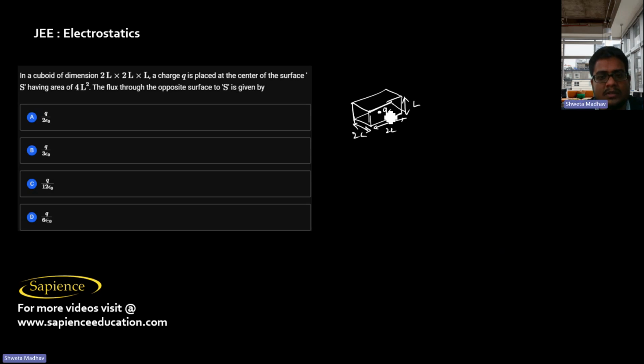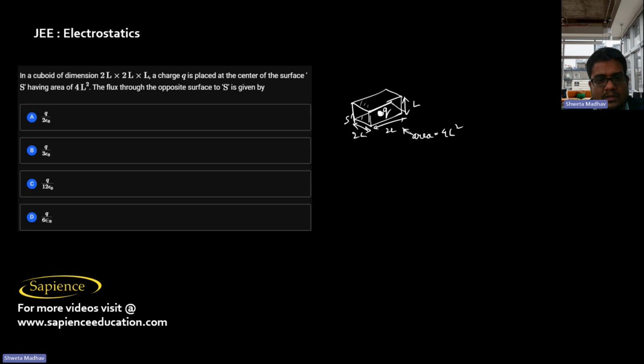I can place it at the top surface or at the bottom surface, the center of surface S dash. Its area is 4L square. The area of the top surface is also 4L square, and the area of the bottom surface is also 4L square.